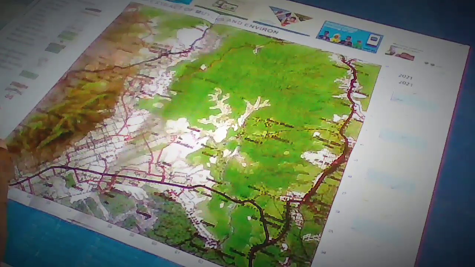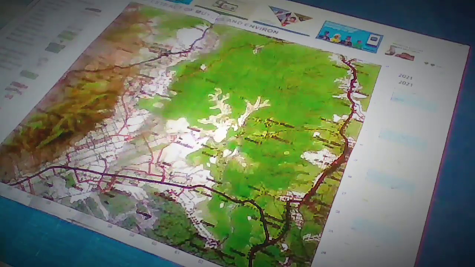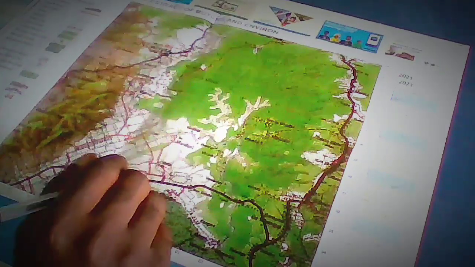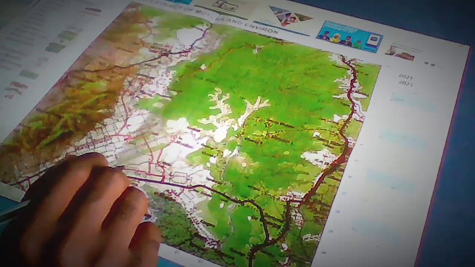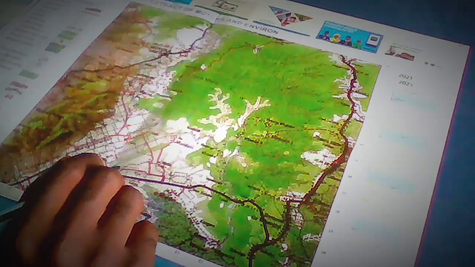On that, we are going to use darkened boxes to show the settlement and write the name of the settlement. We're using darkened boxes because that is the conventional symbol used to represent settlements on the topographical map.